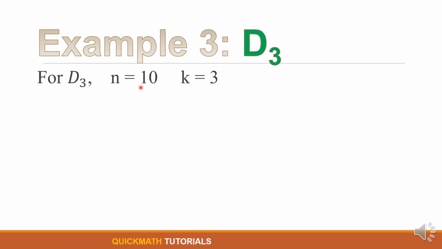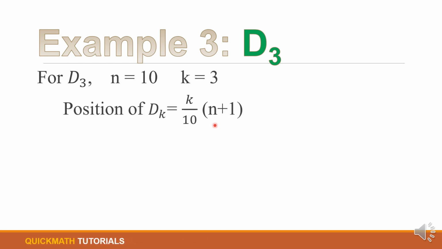So our n is equal to 10 and our k, since d sub 3 is originally d sub k, becomes 3. Using the formula for the decile, we will substitute the value of n and k.